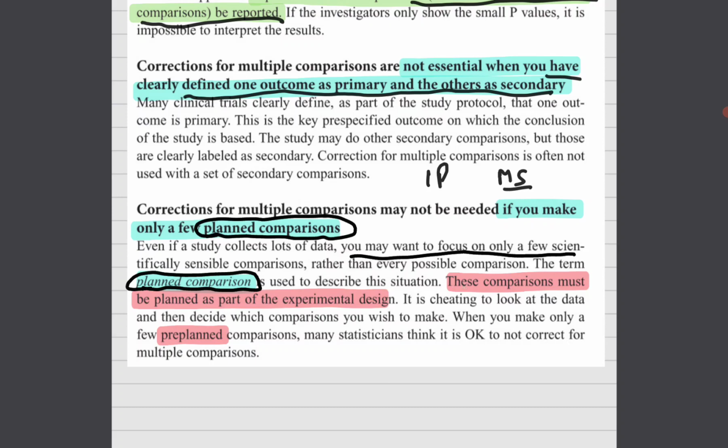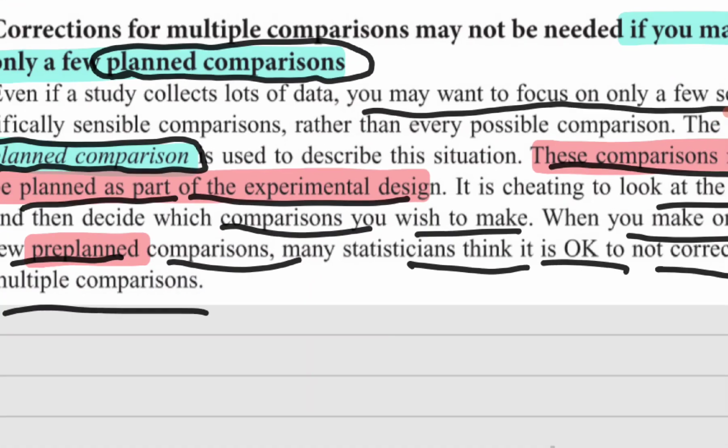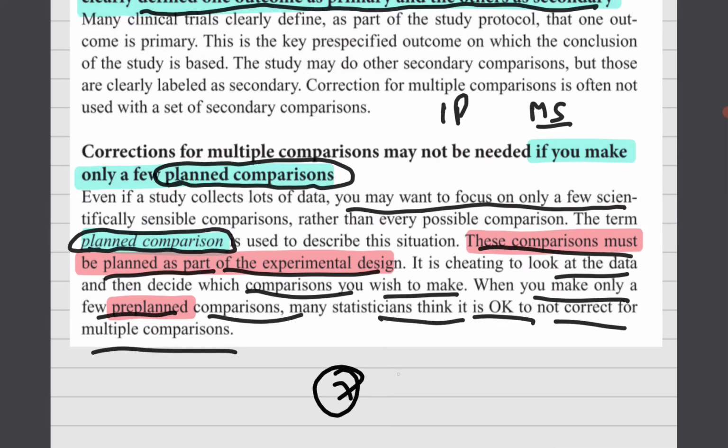So these comparisons must be planned as a part of the experimental design. It is cheating to look at the data and then decide which comparisons you wish to make. When you make only a few pre-planned comparisons, many statisticians think it is okay not to correct for multiple comparisons. So let's say you have planned 7 comparisons or 8 comparisons or 9 comparisons in your study, and it has been pre-specified in your protocol, then it may be okay to not correct for those p-values.